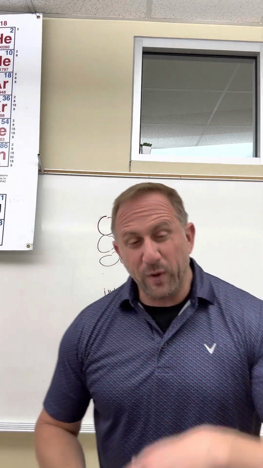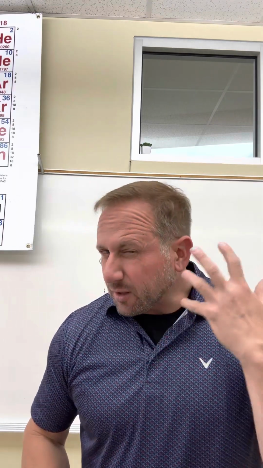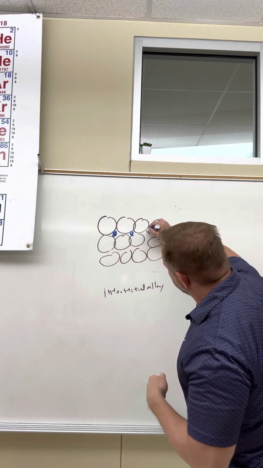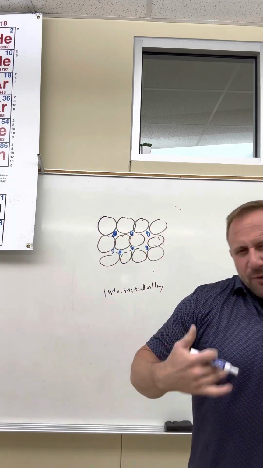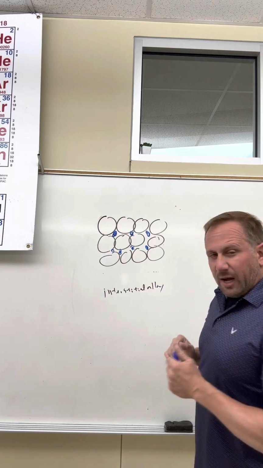One of the things we could do is add material into it. One of the materials we add into iron is carbon. Carbon starts to fill these spaces in, and when you put that carbon inside those spaces, we call this an interstitial alloy.